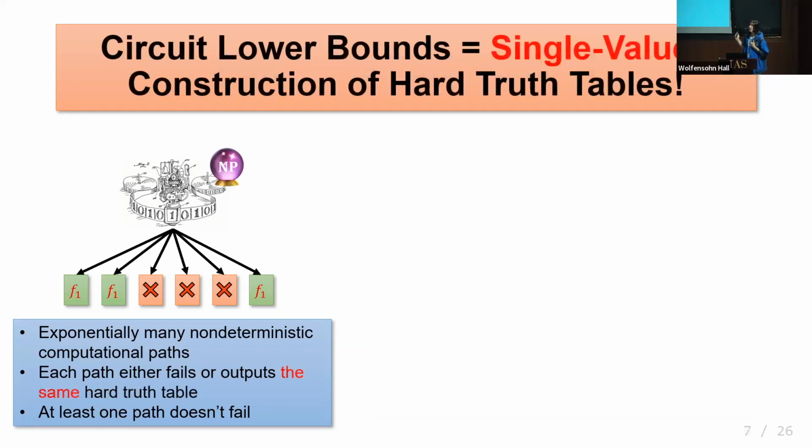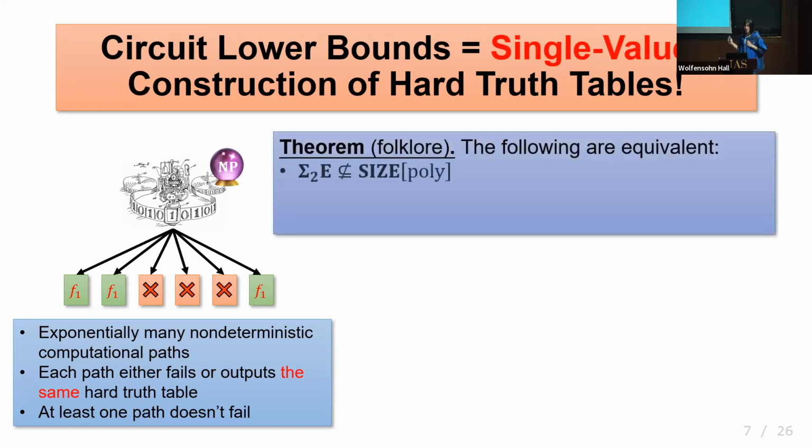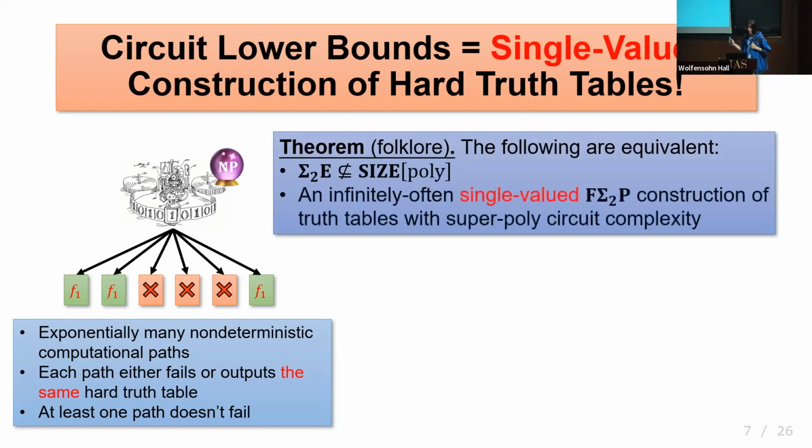If you look at it a bit, then you will recognize that circuit bounds for Sigma 2 EXP is equivalent to single valued FΣ2P construction of truth tables. This is not hard to see. If I have a hard function in Σ2E, then I can just print the truth table of this function.